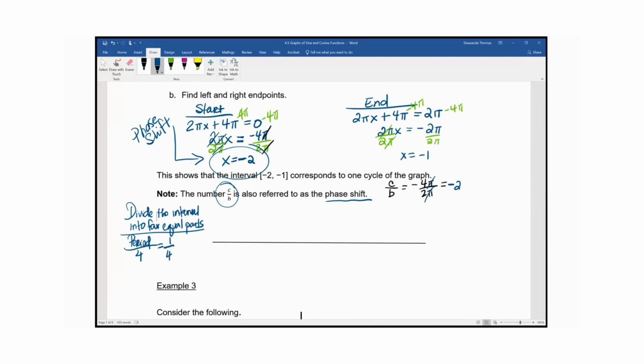Now our start point, or our left endpoint, is what again? Where we're starting would be -2. Then you could just do 4 little tick marks: 1, 2, 3, 4, because you want 4 equal spaces.